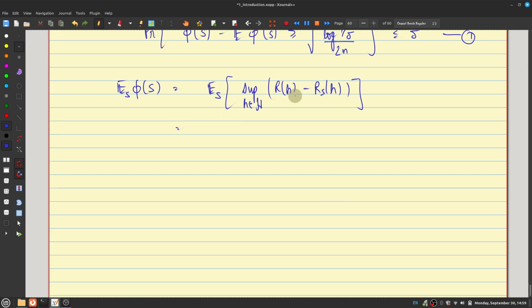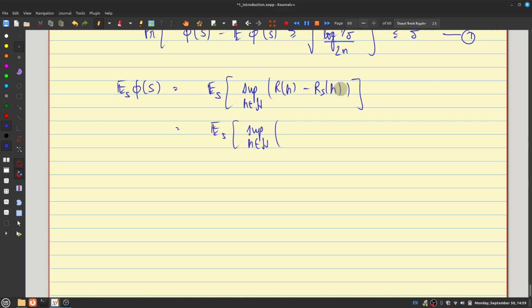My end goal is to somehow show that the right hand side is related to the Rademacher complexity. So I need to somehow be able to introduce these plus minus one random variables. So first what I do is I have supremum over all h. I can write R of h. What is R of h?